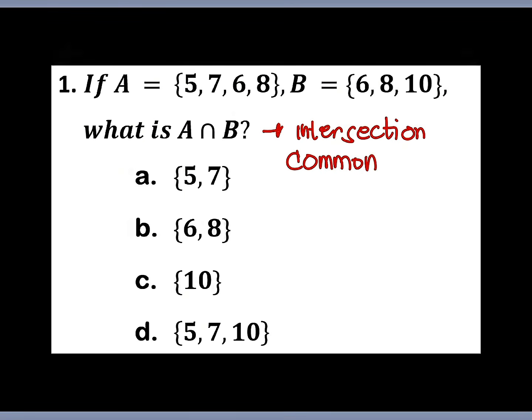We need to write down the common elements from set A and B. So the common here, we have 6 for both A and B, and 8. So the answer is letter B, a set of 6 and 8.